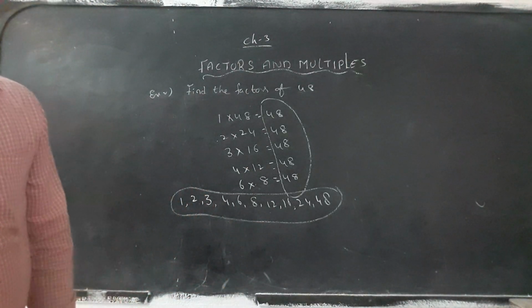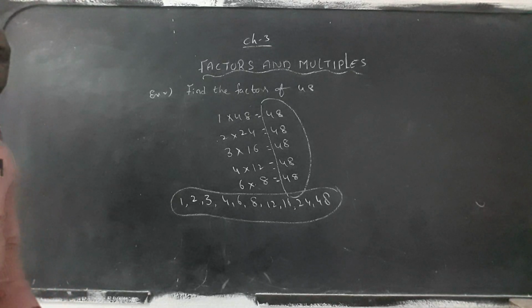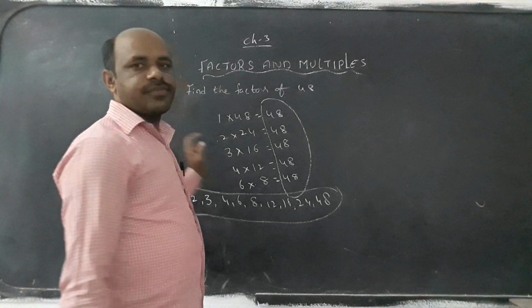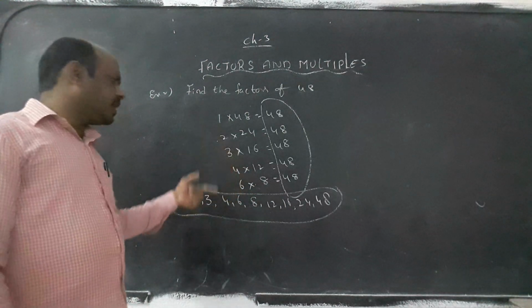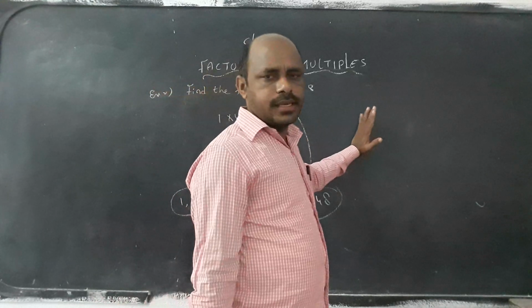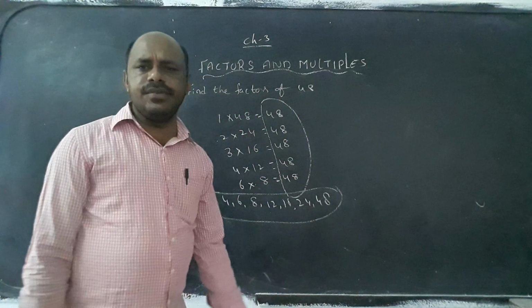Okay children, this way we have to find all the factors. This process is finding the factors of the given numbers. You can take any number, the same method applies. If you are getting confused with this method, go to the division method. That also I will say. Here, in place of multiplication you can write division.